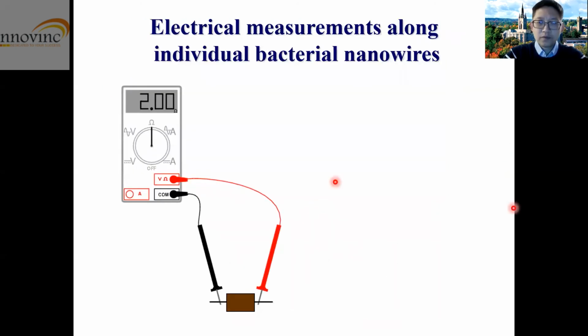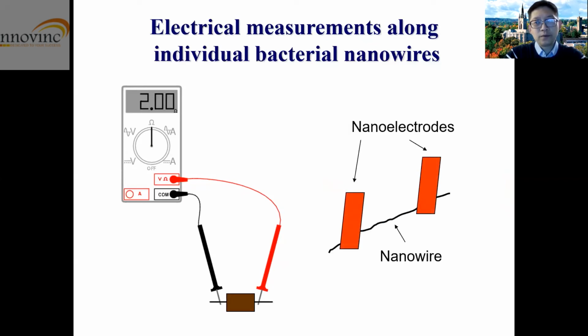So next, we want to answer how electrons transport through the length of the bacterial nanowire. The most straightforward method is to place two electrodes on the bacterial nanowire to measure the IV curves.